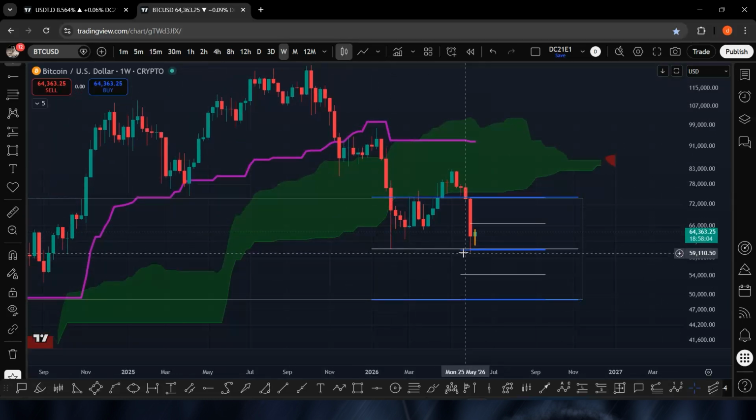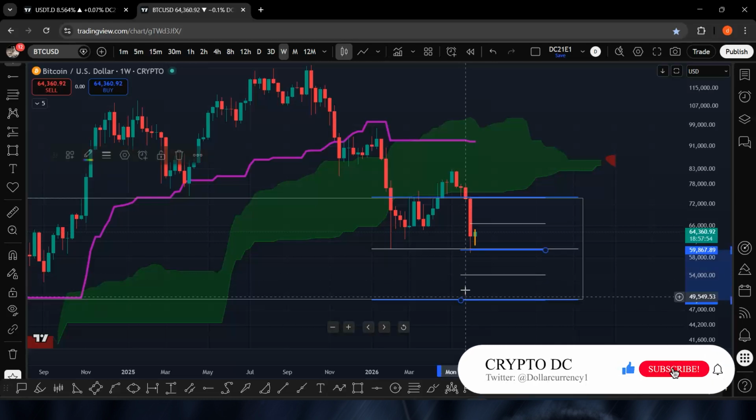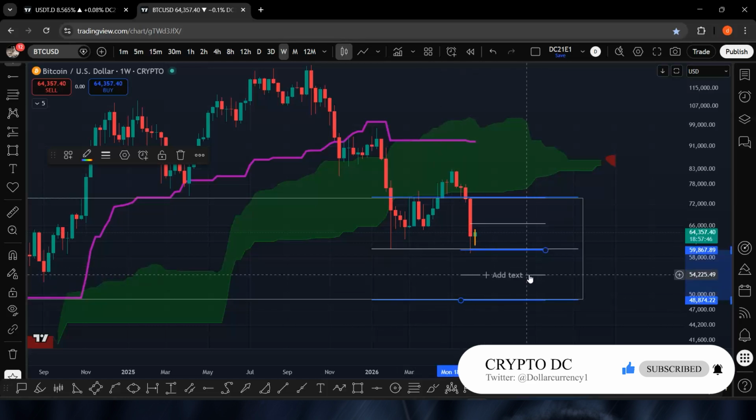And if you divide the bottom of this box here, like this is the 50% Fibonacci level, okay? So the midline of the lower zone of this box will give us $54,000, which is at the same level as Bitcoin realized price, okay?